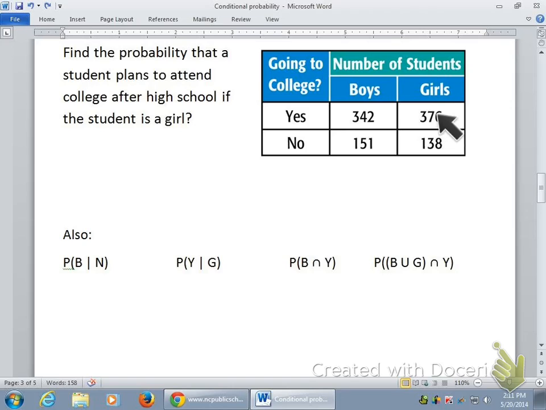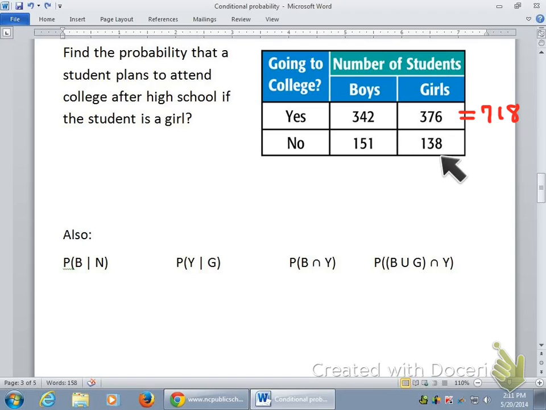I have a question for you, though, that's not on this table. See if you can help me. How many kids said yes, they're going to college? 718. Yeah, you just want to add this up to the side, right? So there's 718 kids that said yes, they're going to college.